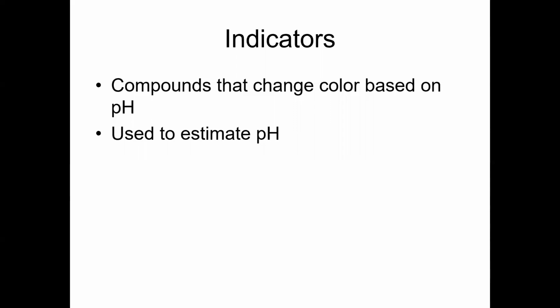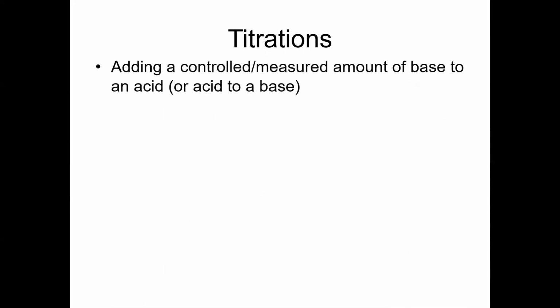And then you've got very simple indicators like plain litmus paper that turns blue or pink to indicate if it's an acid or a base. So that's not going to tell you the exact pH. It just tells you sort of the range of pH. But indicators is going to come into our next discussion, which has to do with titrations.